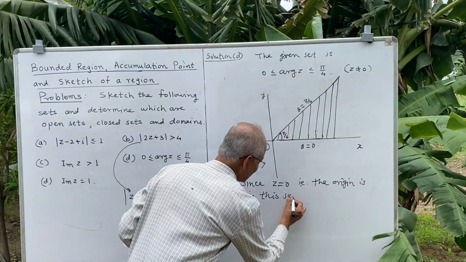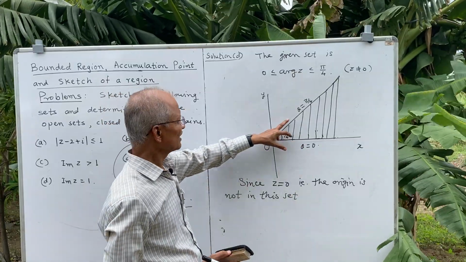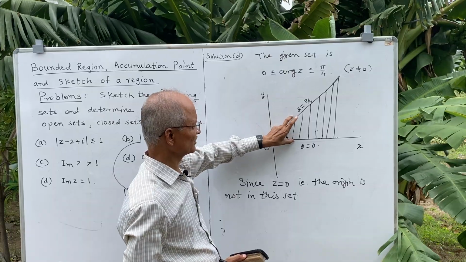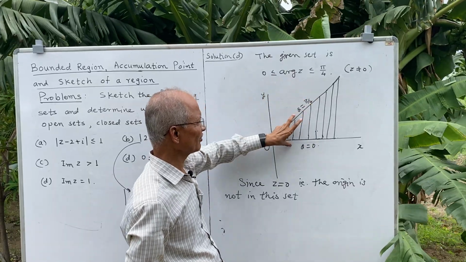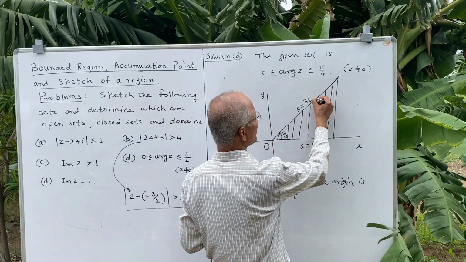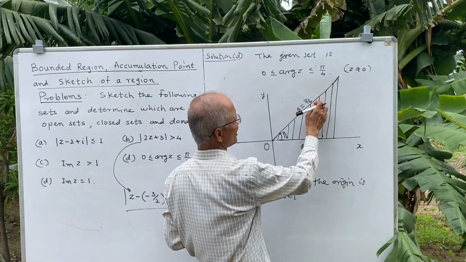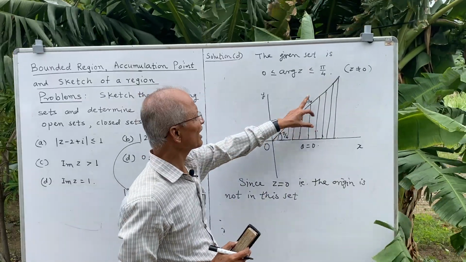It is not closed, and it is also not open, because it involves these boundaries. Theta is equal to 0 is included in this, theta is equal to pi by 4 is included in this. It is not open, because if you consider a point on this line, theta is equal to pi by 4, its neighborhood, however small it may be, will not be entirely in this.